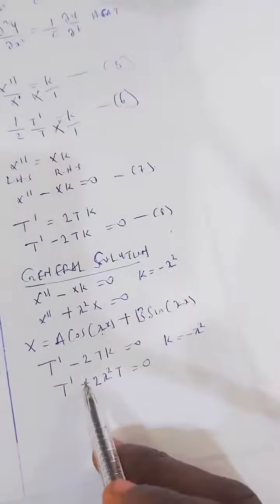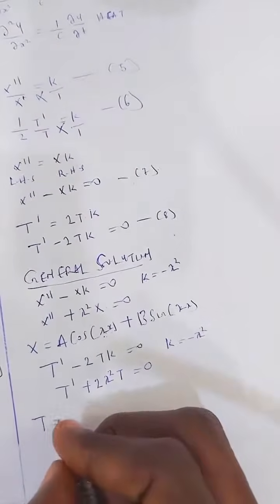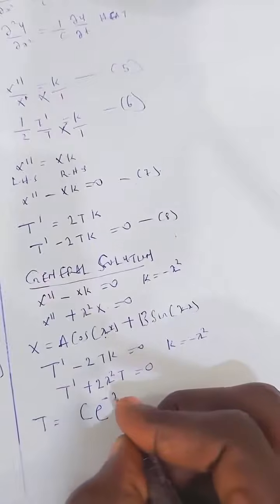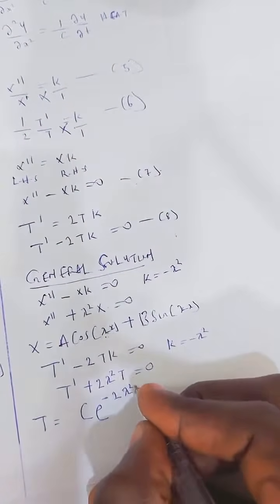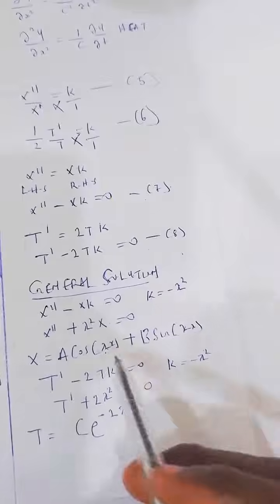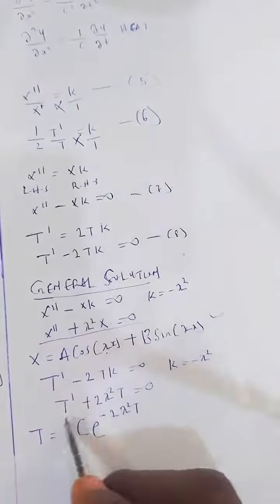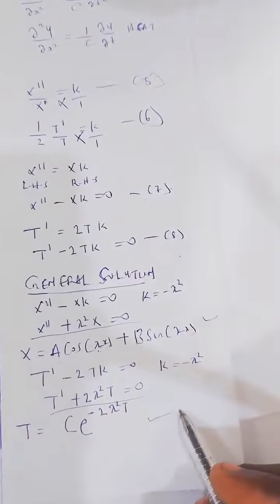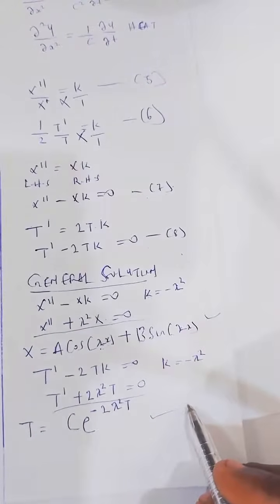So the general solution for this differential equation is t equals c exponential of negative 2 multiplying lambda square multiplying t. Observe that when this is my differential equation, this is the general solution. When this is my differential equation, this is the general solution. So we are saying that different differential equations have their own general solutions.